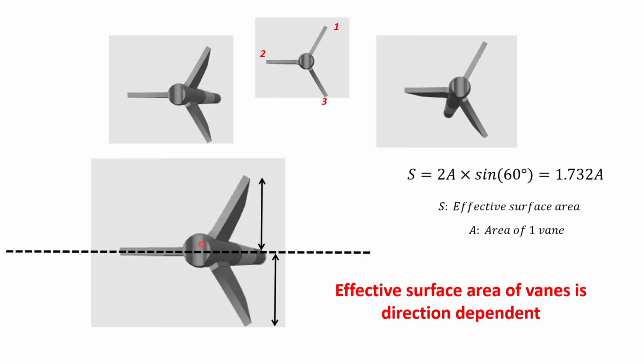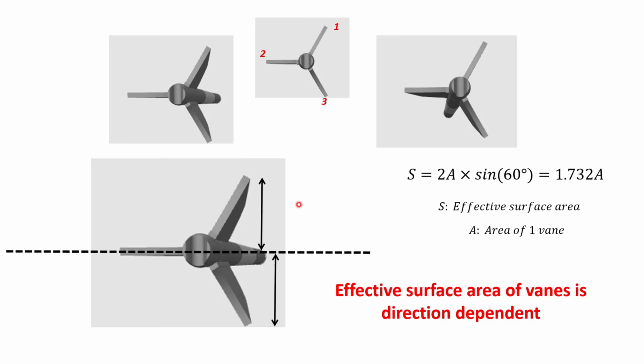Okay, so let's go back to case 1. Let's say your arrow flies tail left and each vane has a surface area of A. How much surface area is actually effective towards correcting your arrow flight is only the vertical component of vane 1 and the vertical component of vane 3. So the effective surface area S is 2A times sine of 60, which is 1.732A.